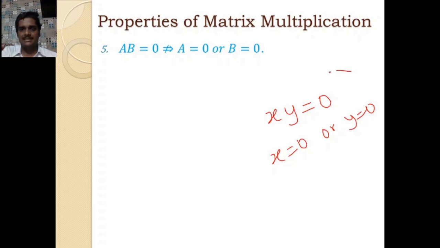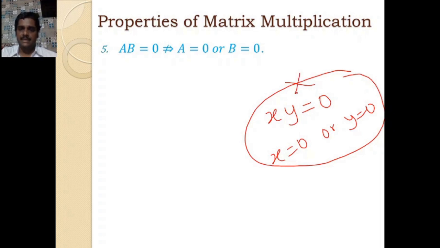But this does not hold in matrix multiplication. If we have two matrices multiplying together to give you 0, we can't conclude from there A equals 0 or B equals 0. AB equals 0 does not imply A equals 0 or B equals 0. Okay?